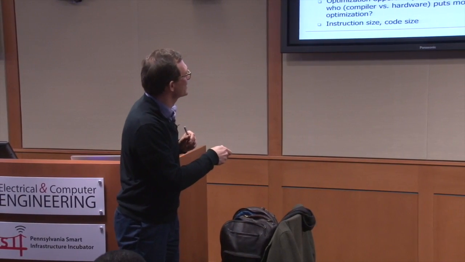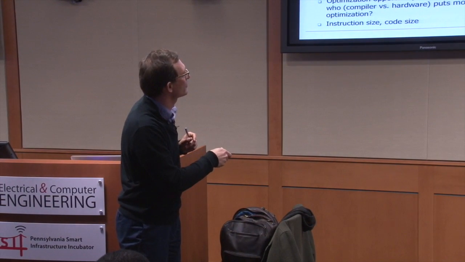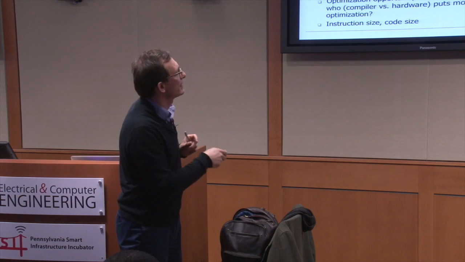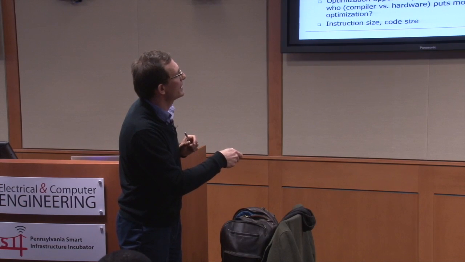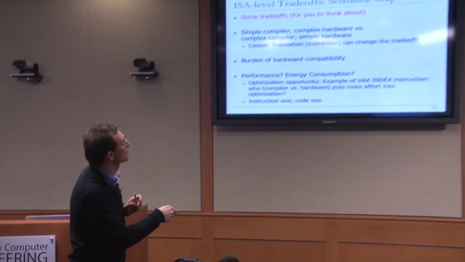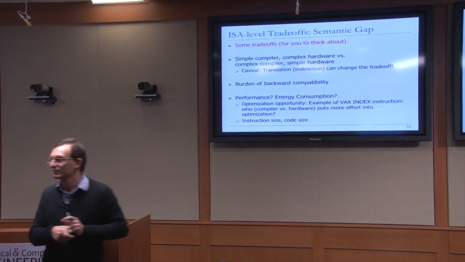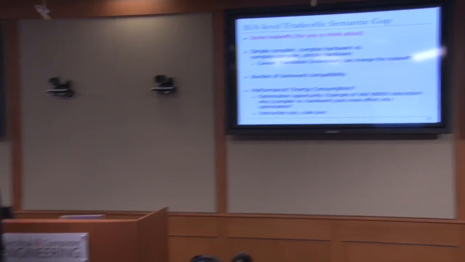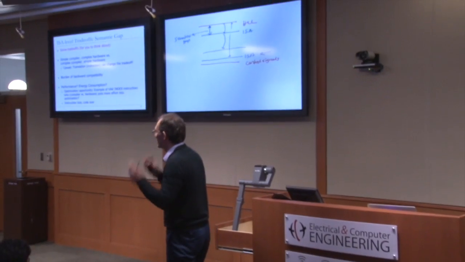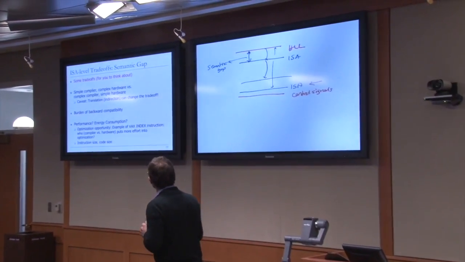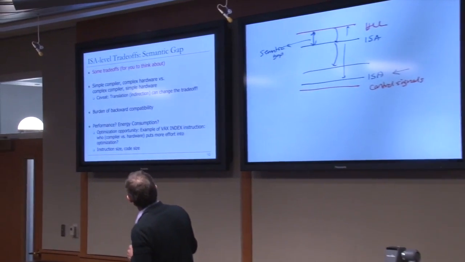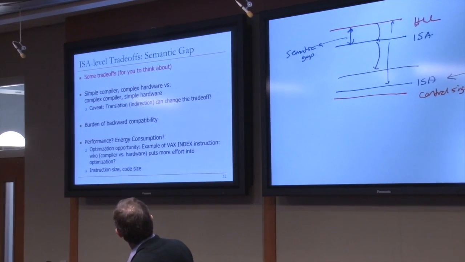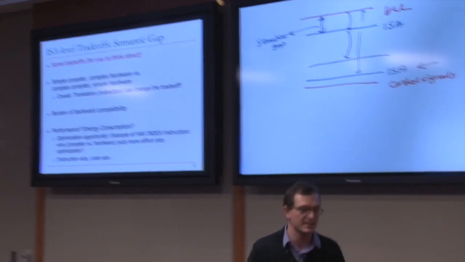But this points out a key trade-off. If your semantic gap is low, meaning you have complex instructions, the hardware needs to put more effort into optimization. Otherwise, those complex instructions are useless, right? You might as well implement everything with simple instructions. And also, there are trade-offs on instruction size, code size, energy consumption. So instruction complexity affects a lot of these.